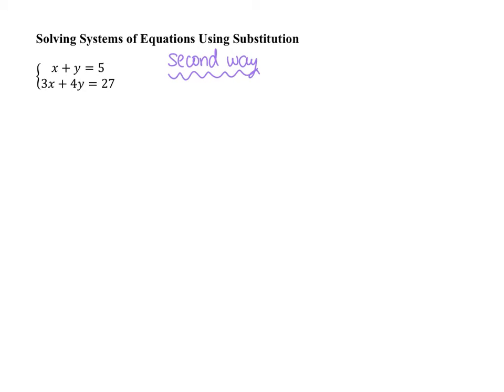Okay, this is a second way to solve it if you want to take equation 1 and solve it for x instead. So let's just take equation 1 and solve it for x. So that means I want to get the term with x by itself, which is this guy right here. So leave it alone.